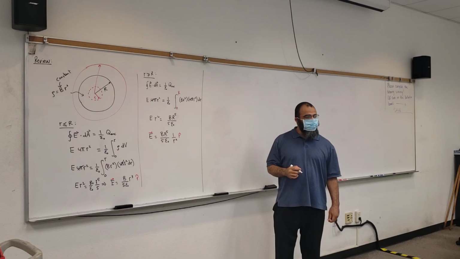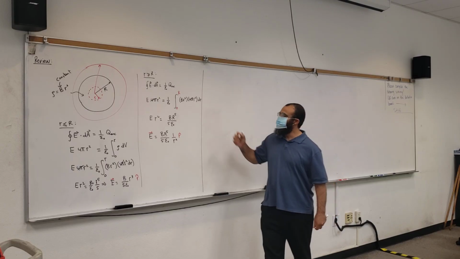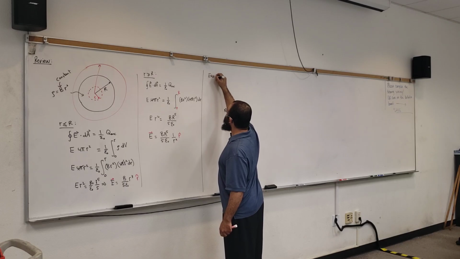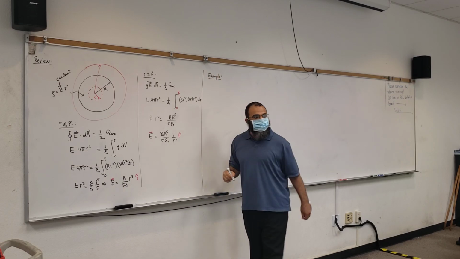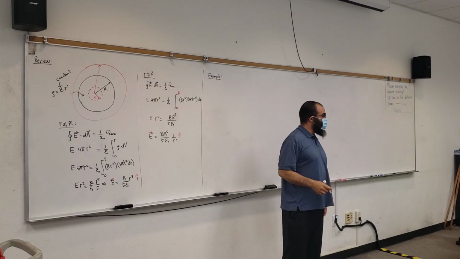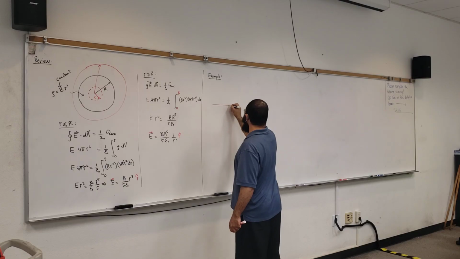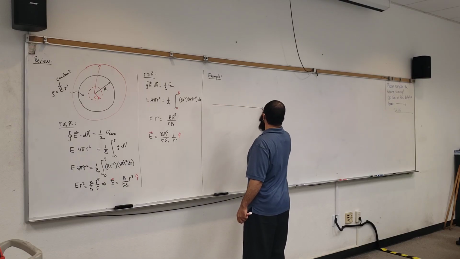So here's the next example. Sometimes we keep doing Gauss's law, and we forget Coulomb's law completely. So here is the x-axis.